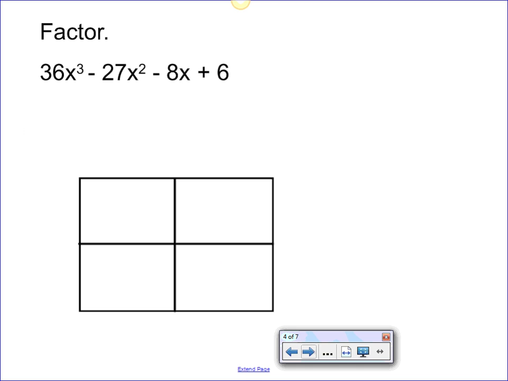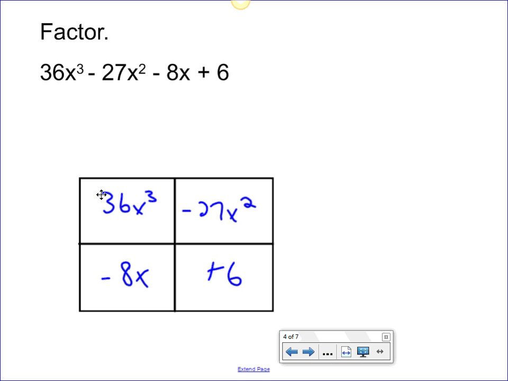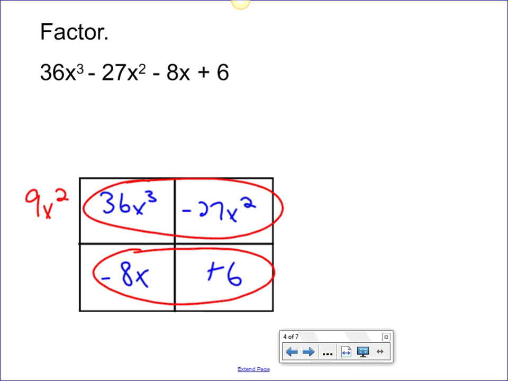Okay, so if I did it on this next one, again, fill in your boxes. If I look here, I know that I've got a 9x squared as the common factor. If I looked here, I'd have a 2, but since this 8 is a negative, I'm going to factor it out as a negative 2.